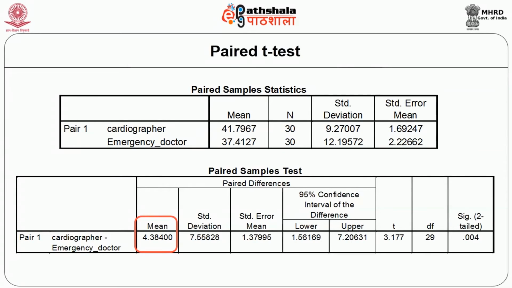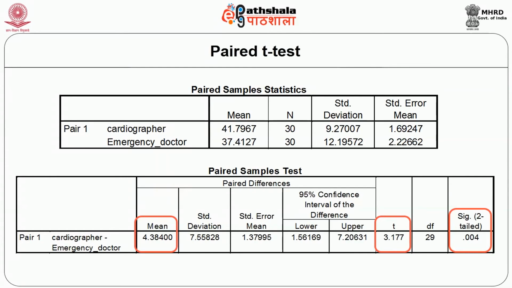Using the t-test, the t value is 3.177, which is significant at 0.004, which means it is highly significant. Therefore, if you repeat it 1000 times, the interpretation is that only 4 times we may get a wrong answer by chance. Otherwise, there is a clear-cut significant difference between the two experts, which is shown in the table in the slide.